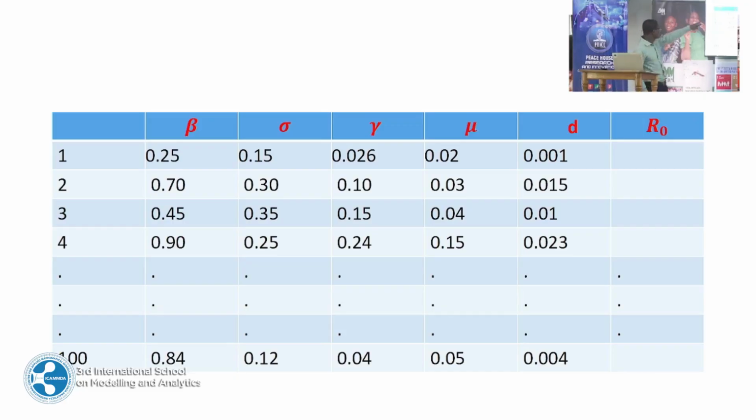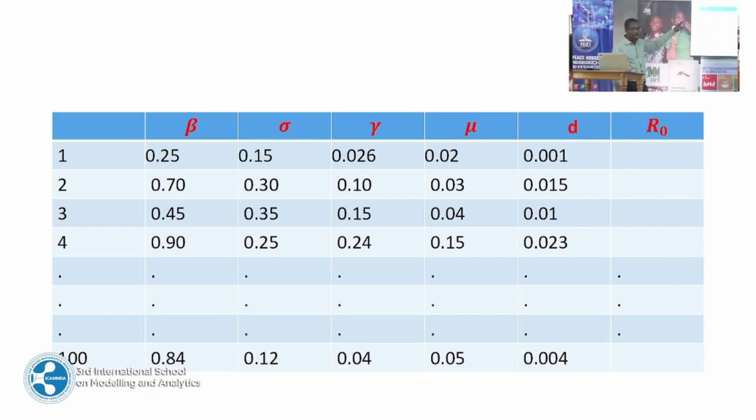So for the first interval 0.25, 0.7, like that, 100 of them. The same thing for sigma, 100 parameters, like that. And then we can now compute our R naught. We can have a value for our R naught, is it not?